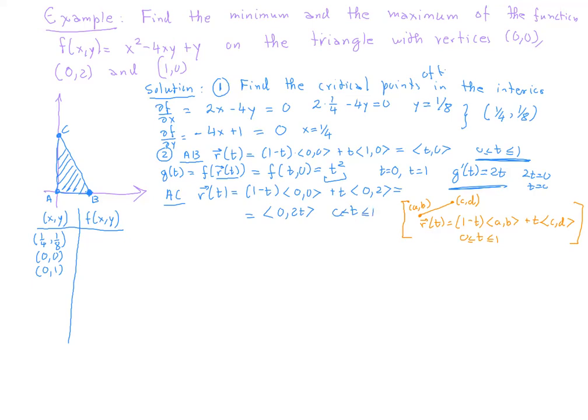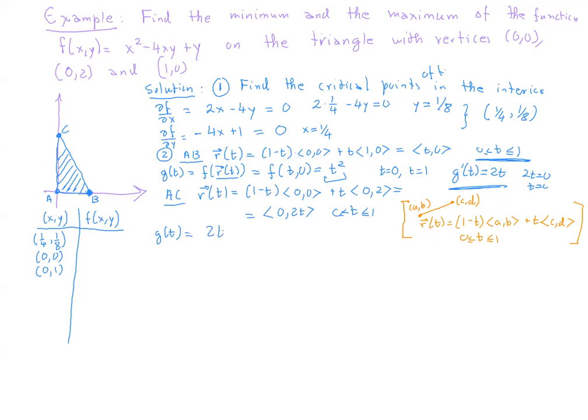And again, allow me to call it again g of t. It's not the same g that I had before, but at a different step or sub-step, if you like. And what do we get? Here we will get just 2t if we plug it in.